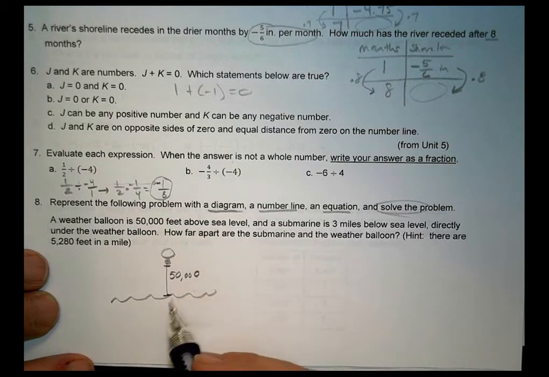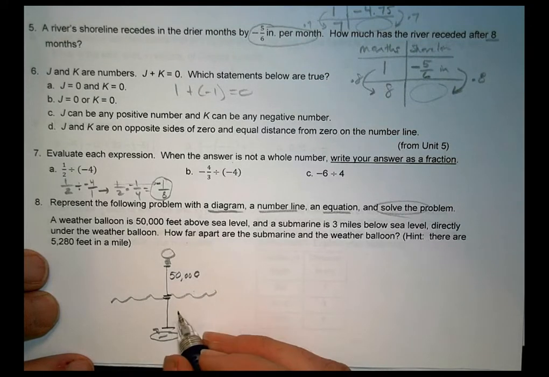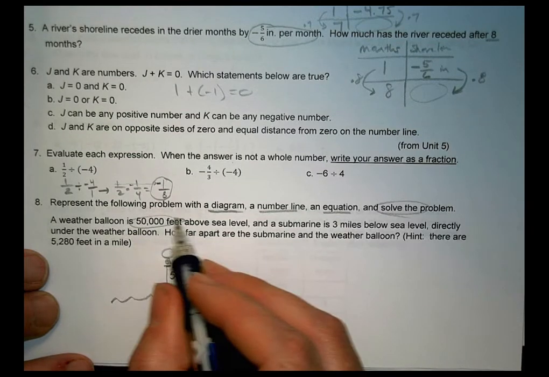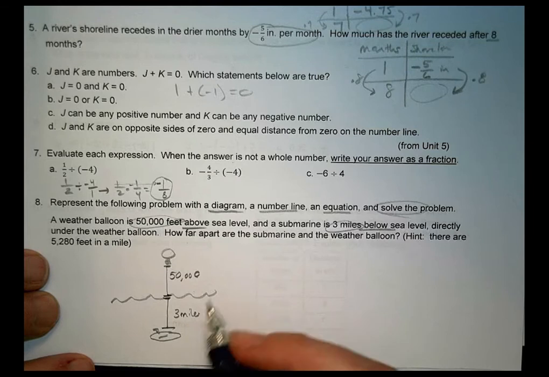And a submarine is 3 miles below sea level. Here's our submarine. I don't know how to draw a submarine. So 50,000 feet above, 3 miles below, directly under the weather balloon. How far apart are the submarine and the weather balloon?